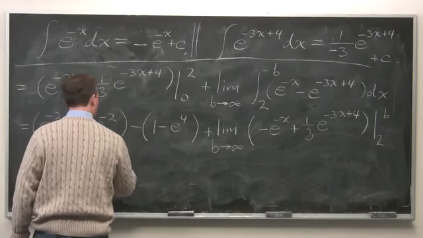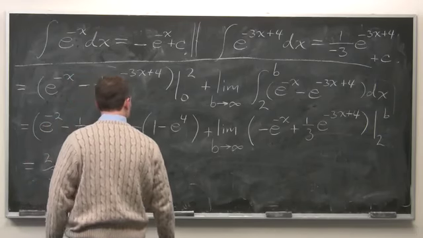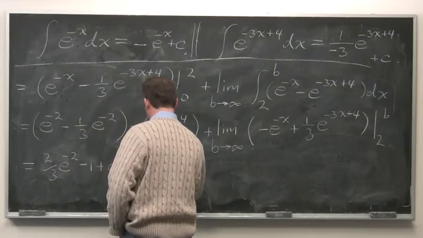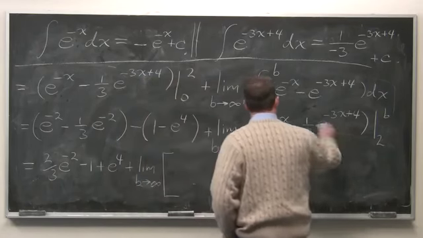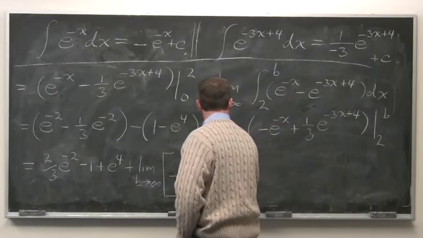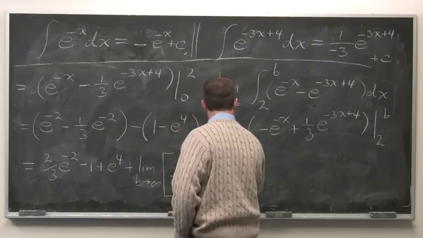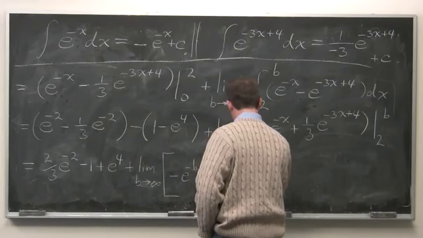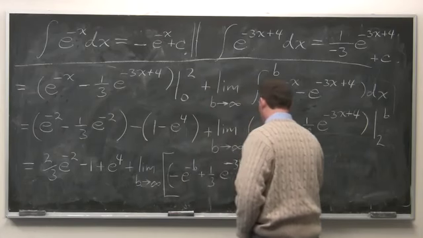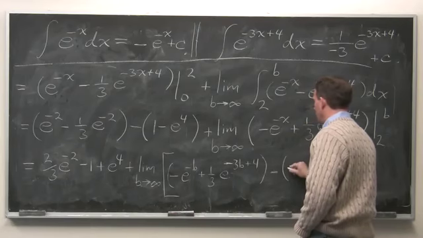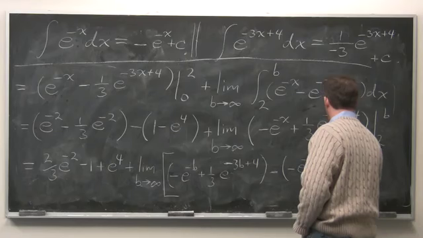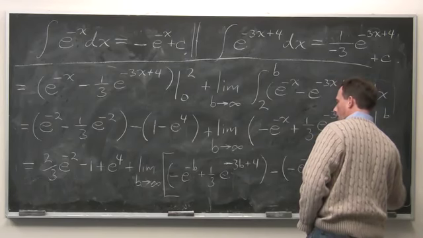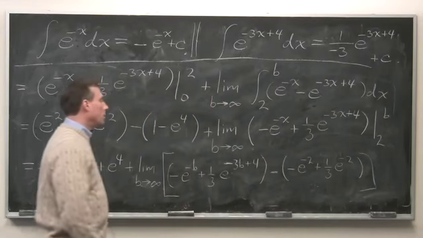Then there's a minus 1 plus e to the 4th, which is much bigger than those other terms, plus the limit as b approaches infinity of, you put b in here, you get minus e to the minus b plus 1/3 e to the minus 3b plus 4, minus what you get at 2, which is minus e to the minus 2 plus 1/3 e to the minus 2. We get this. What's the big deal?